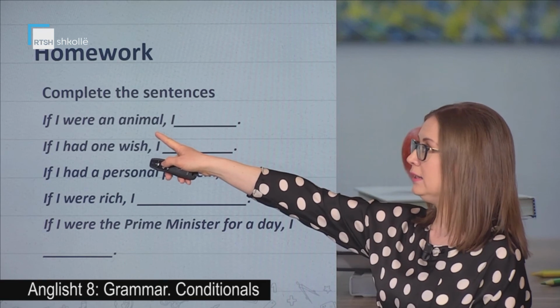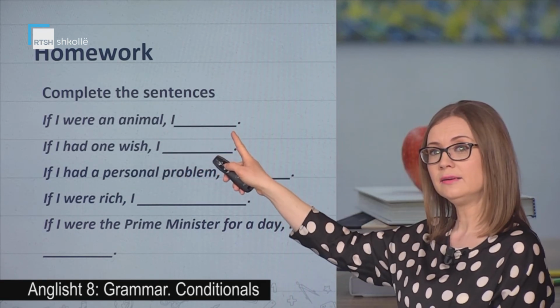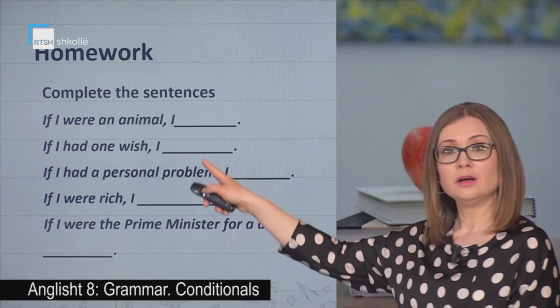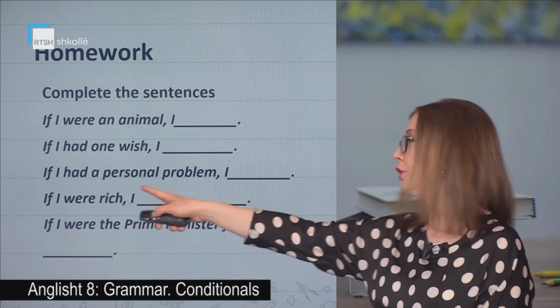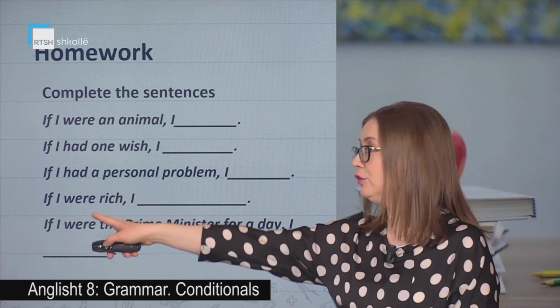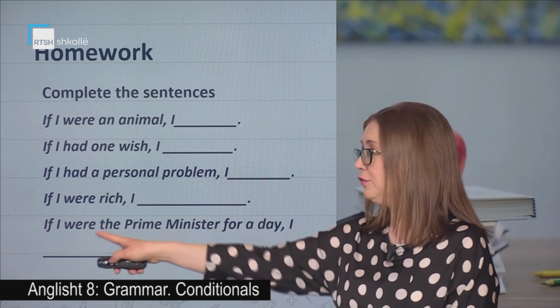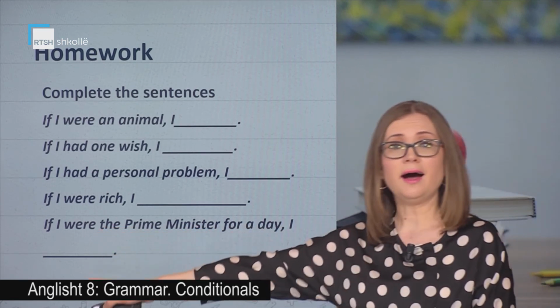The first one is: if I were an animal, if I had one wish, if I had a personal problem, if I were rich, if I were the Prime Minister for a day.